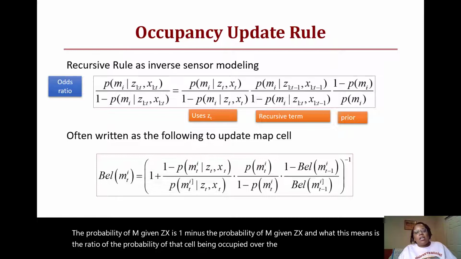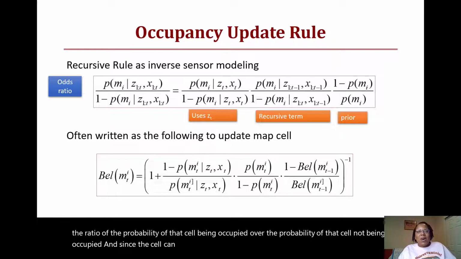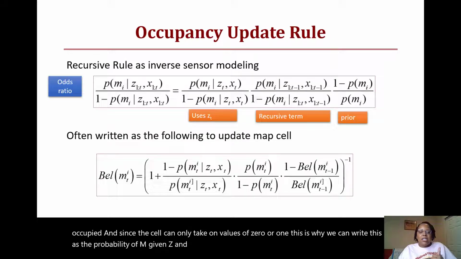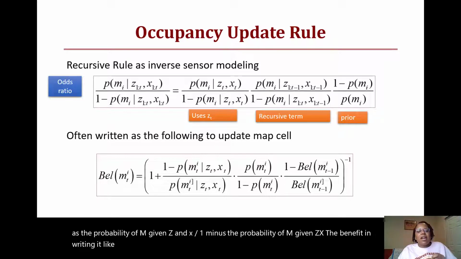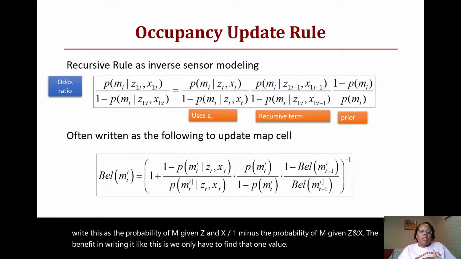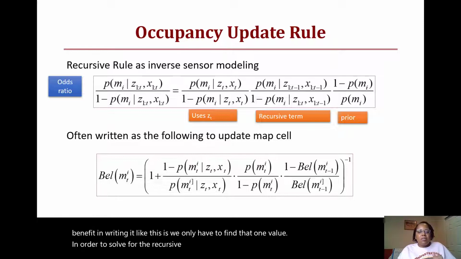Since a cell can only take on values of 0 or 1, this is why we can write this as the probability of m given z and x over 1 minus the probability of m given z and x. The benefit in writing it like this is we only have to find that one value in order to solve for the recursive method, and this is why it's called the inverse sensor model.